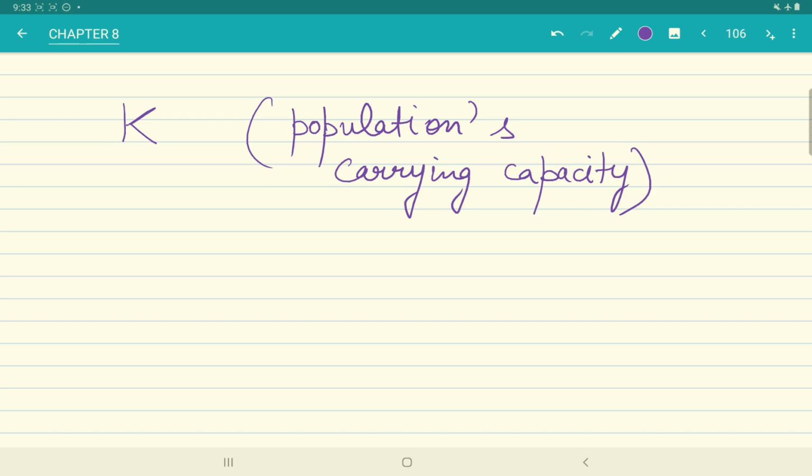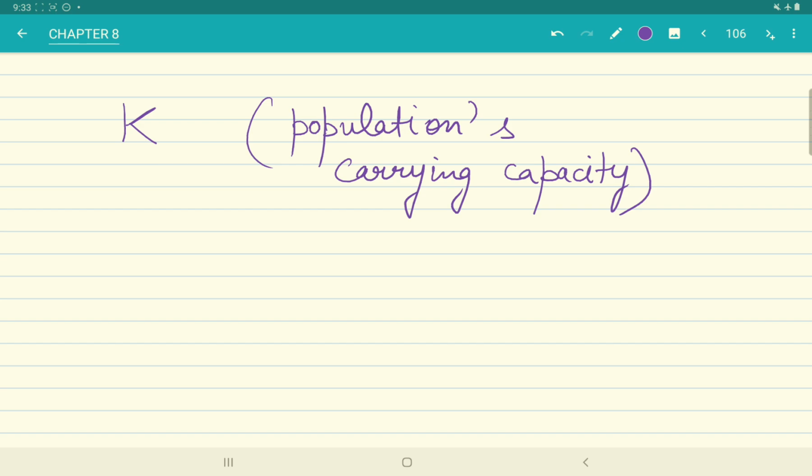So that's the carrying capacity, in the sense that population may grow exponentially till the time we reach K. After this point, the per capita rate of increase will actually turn negative.